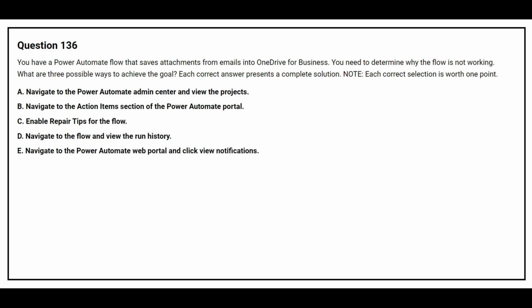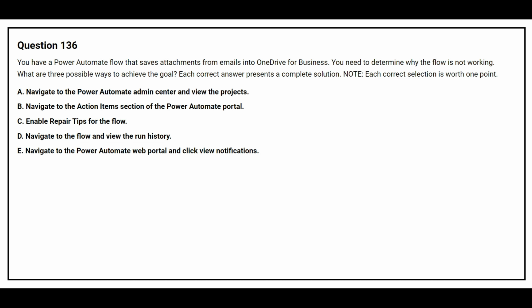Question number 136. You have a Power Automate flow that saves attachment from email into OneDrive for business. You need to determine why the flow is not working. What are 3 possible ways to achieve the goal? Option A. Navigate to the Power Automate Admin Center and view the project.